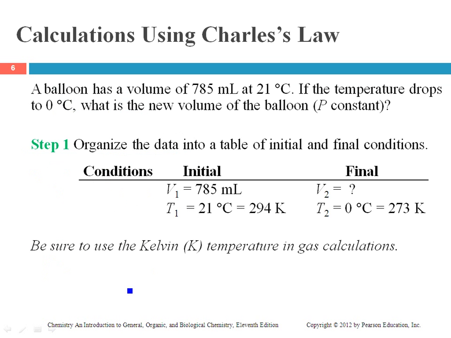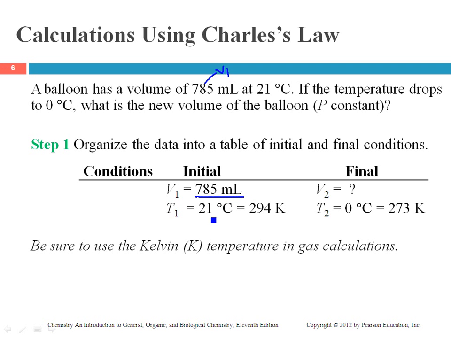Let's put this into practice with a calculation using Charles's Law. A balloon has a volume of 785 milliliters at 21 degrees C. If the temperature drops to 0 degrees, what will the new volume of the balloon be if pressure is constant? Our V1 is 785 milliliters.